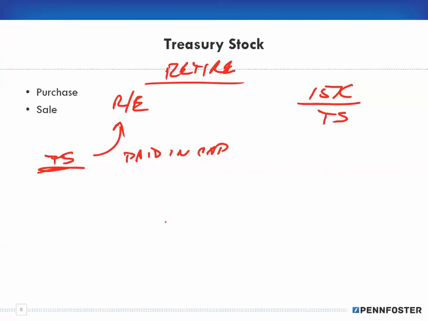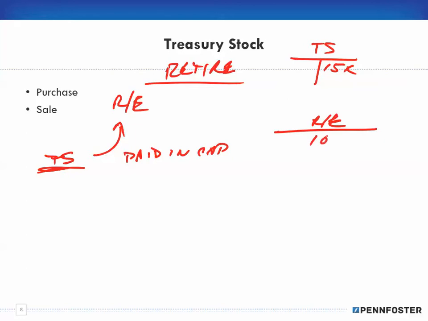So if there's 15,000 in treasury stock, let me make that look like a T account, because that's what accountants do. They use T accounts. There's 15,000 in our treasury stock, and for retained earnings, let's say there's 100,000 in retained earnings. If all we want to do to retire the treasury stock is just move it from treasury stock into retained earnings.